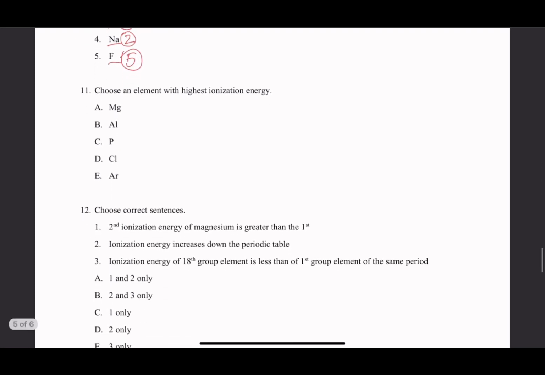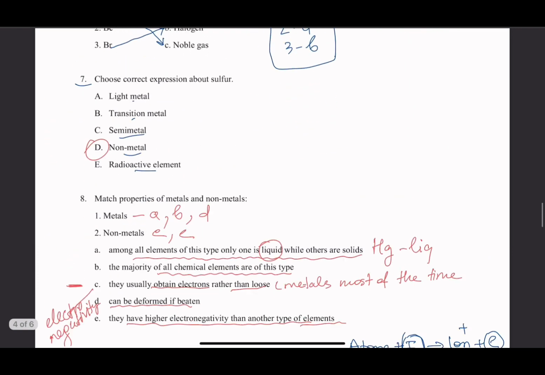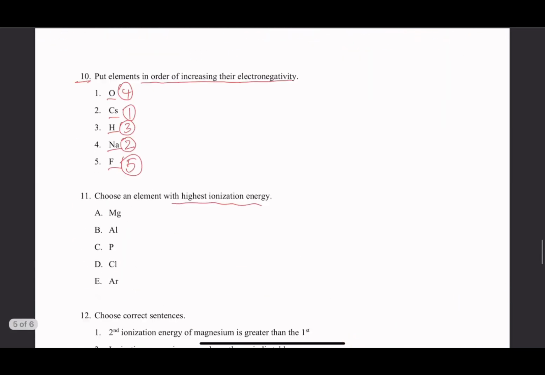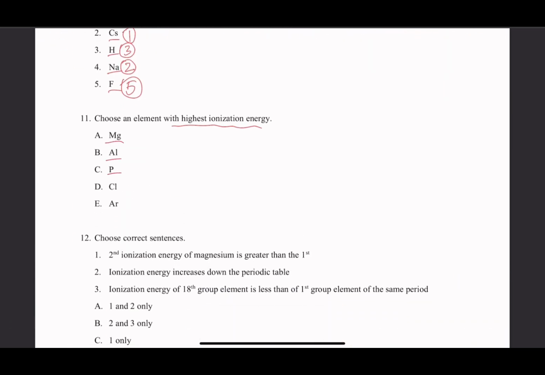Now question 11 says choose the element with the highest ionization energy. We said that ionization energy increases as you go up and from left to right. If you look at these elements, we have magnesium, aluminum, phosphorus, chlorine, and argon.